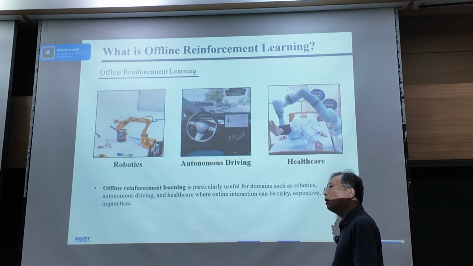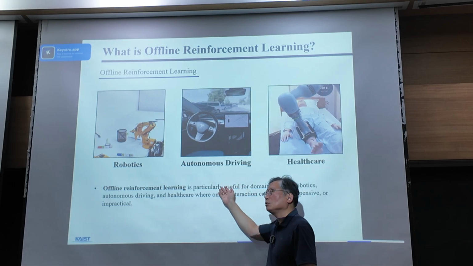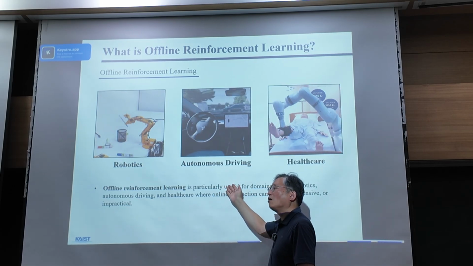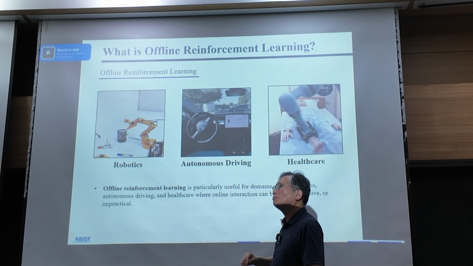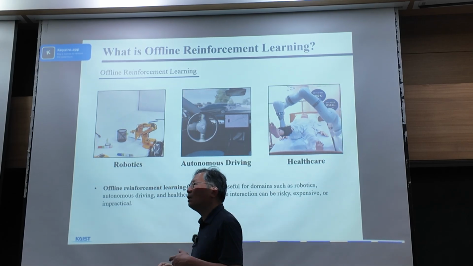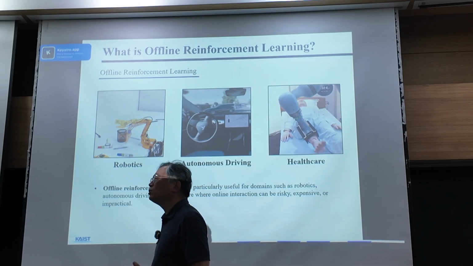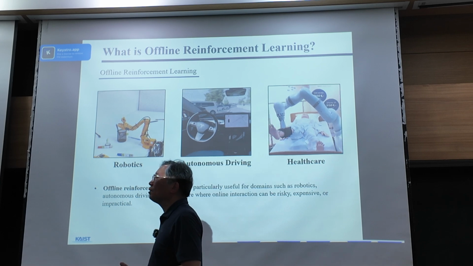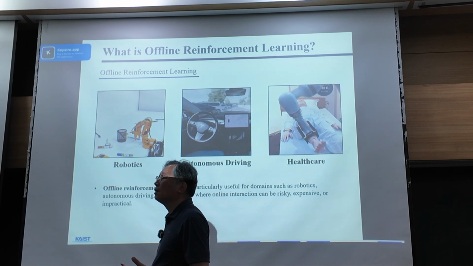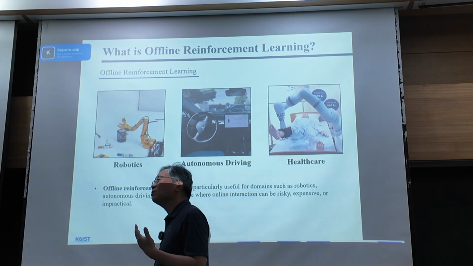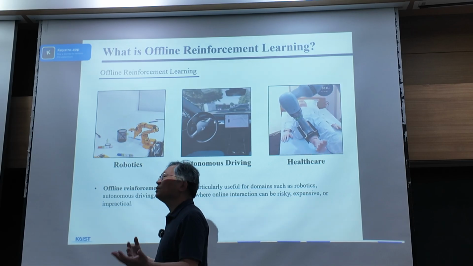Now, in this situation, would you use online or offline? Online, you don't have a particular policy, okay? As you're interacting with the environment, you could do something bad, you could do something good. As you're doing it, you're setting your policy.